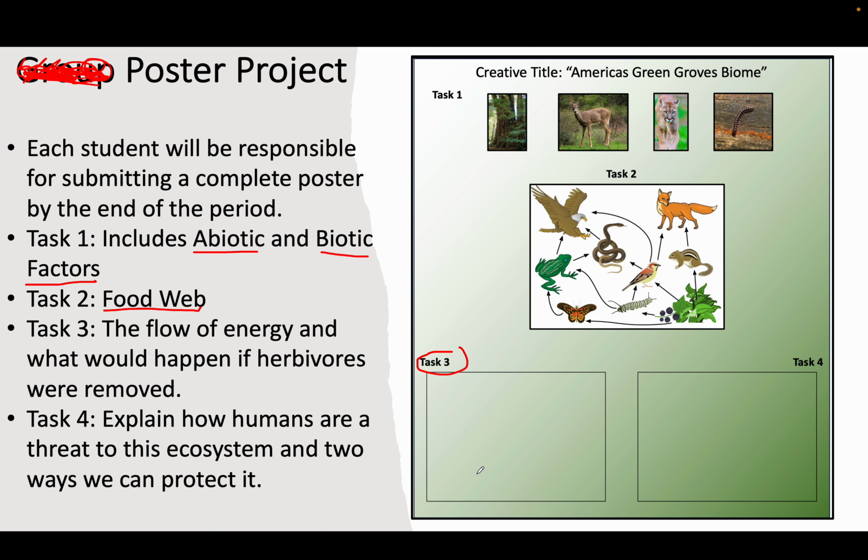Task 4, we're talking about sustainability and human impact. So task 4 says research and identify one human activity that can potentially disrupt food chains and food webs within the Evergreen Grove. Well, think about what humans do that impacts the forest. I've seen pollution, deforestation, because we chop trees down to make land for agriculture.